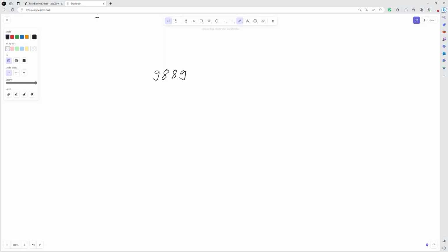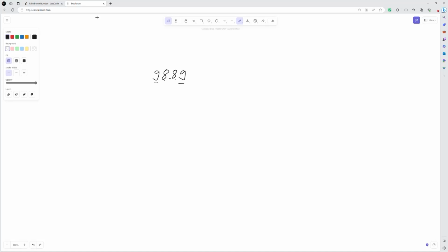So the important part is iterating over the number and each time getting the first and the last digit of the number, and then removing those. So in the next iteration, we can have the second and second to last digit, and so on until we reach the middle, just as we would do with the string.